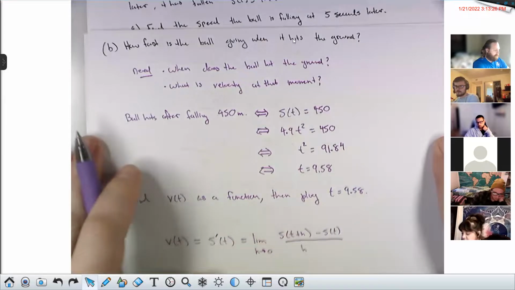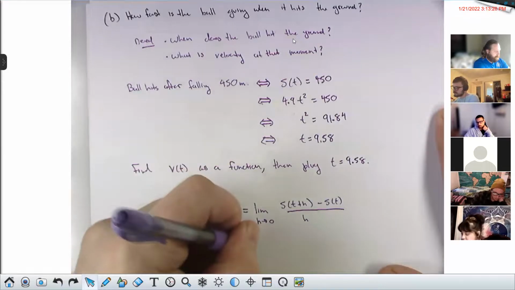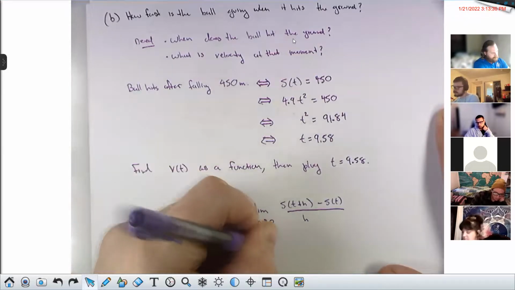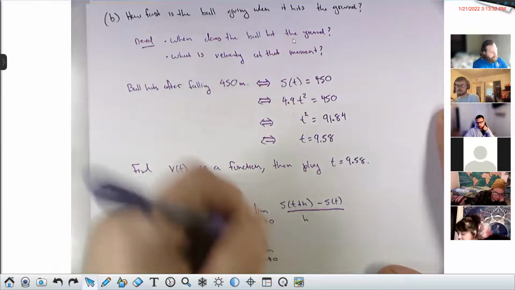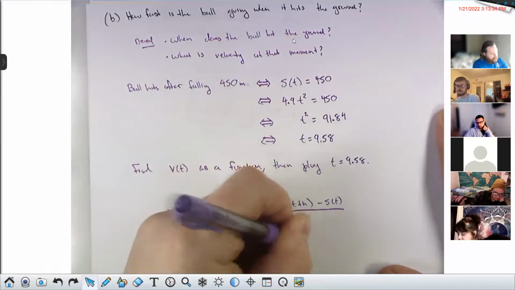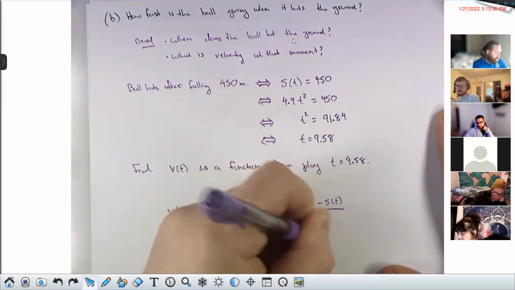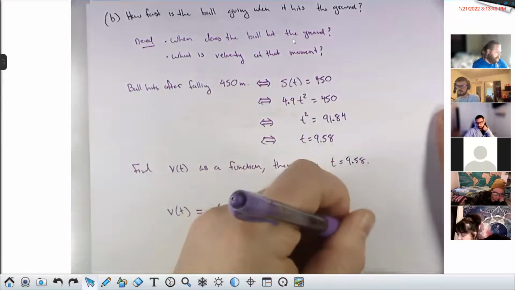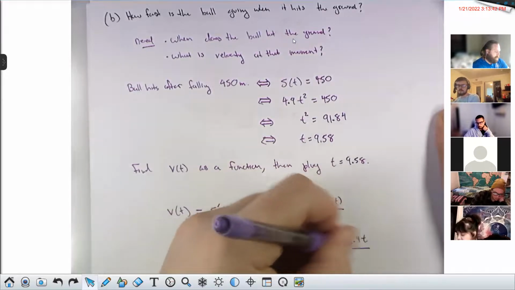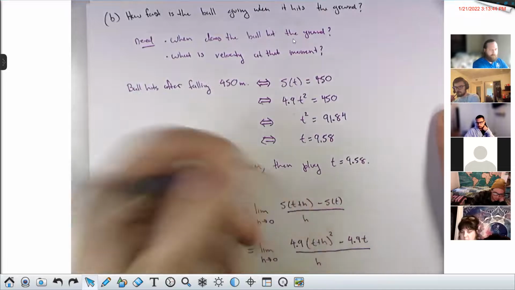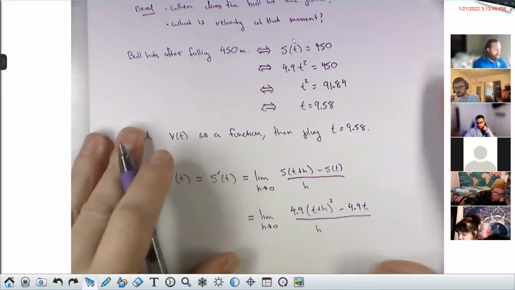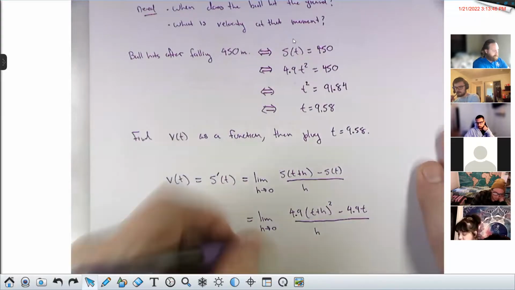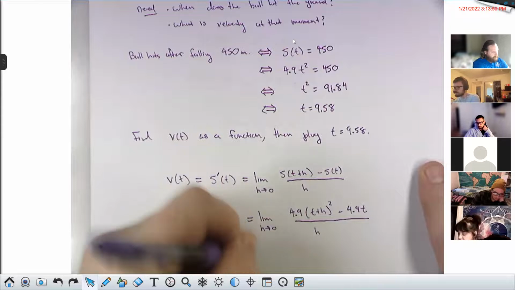And the calculation here is very much the same as what we did a second ago. This is 4.9 times (t plus h) squared minus 4.9 times t squared, all over h. And since the calculation is so very similar, I am going to skip a couple steps here.